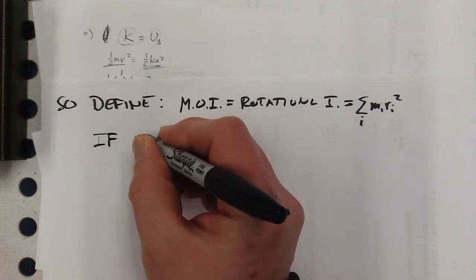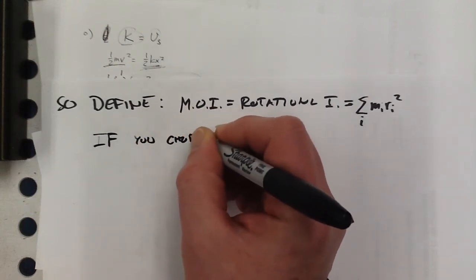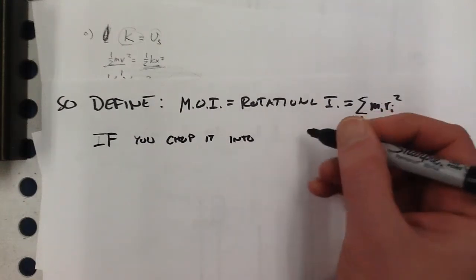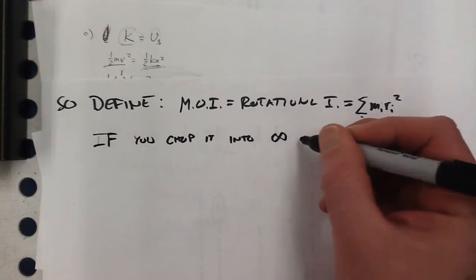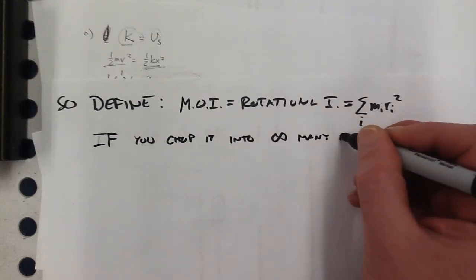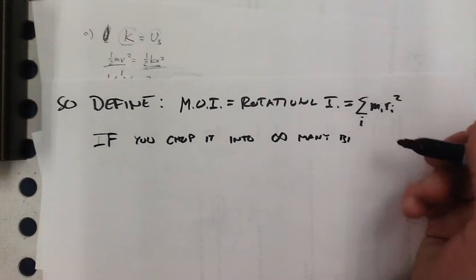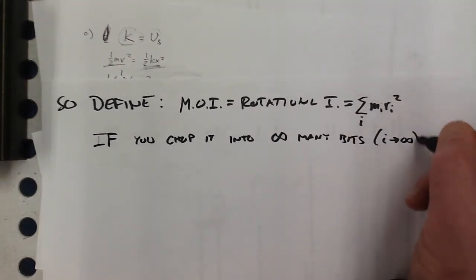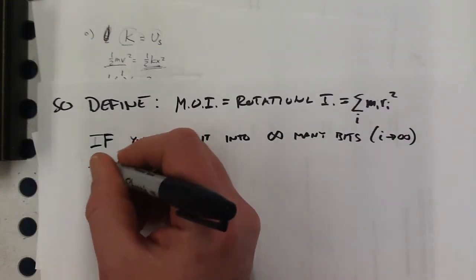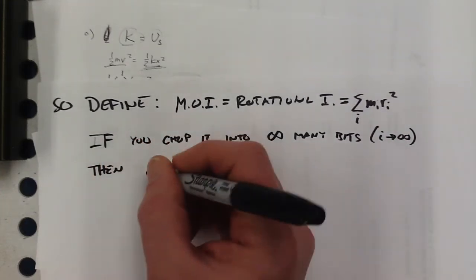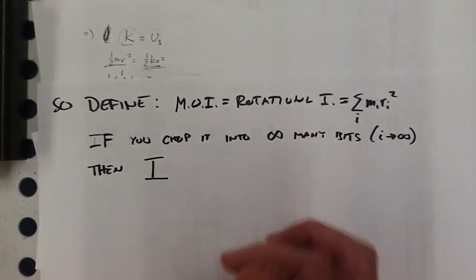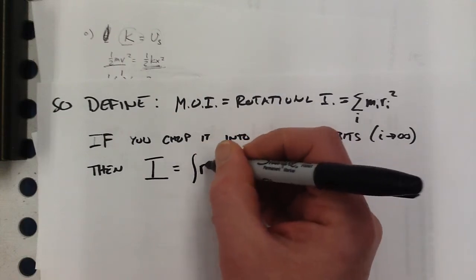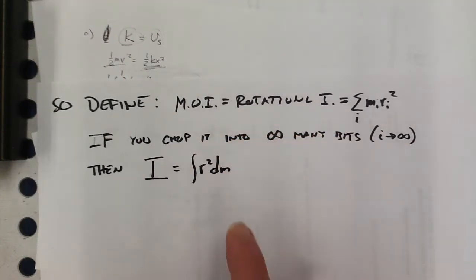If you chop it into infinitely many bits, or you let the number of bits approach infinity, then the rotational inertia, I, is equal to the integral of r squared dm.